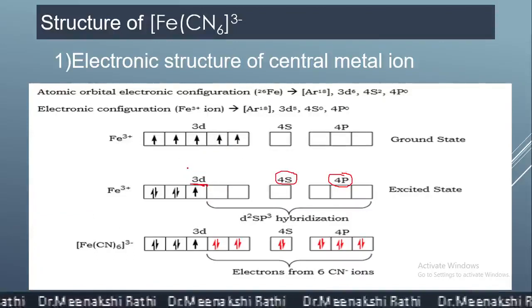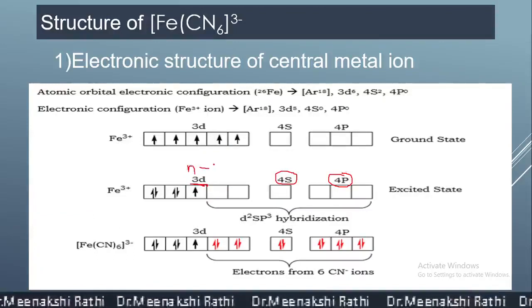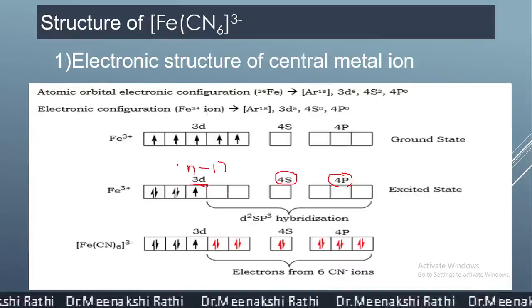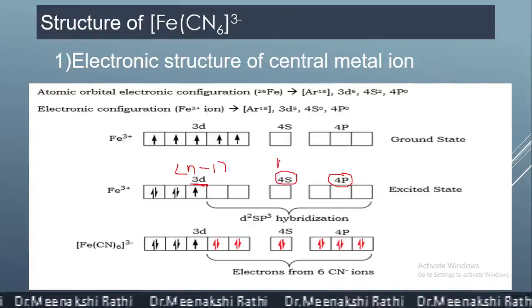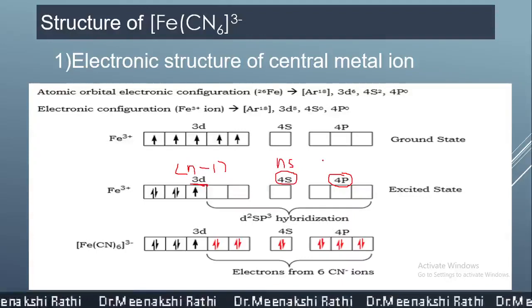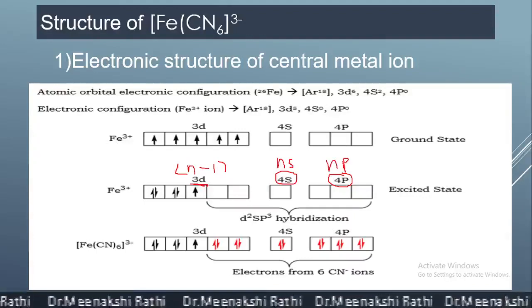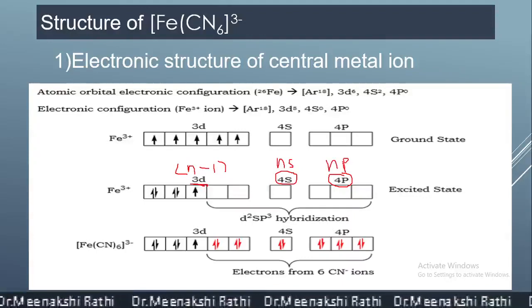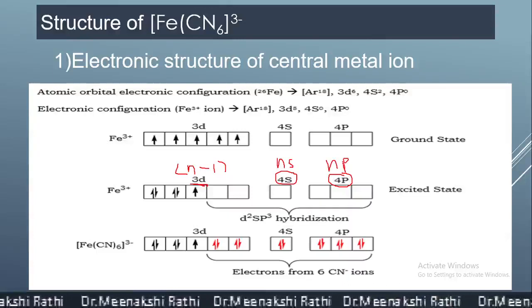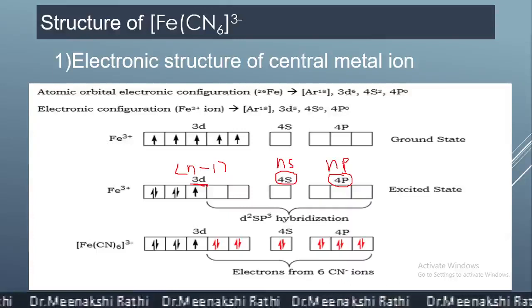That means the d orbital is from the n-1 level, while s is from the ns and p from the np level. And that's why hexacyanoferrate is an example of an inner orbital complex.